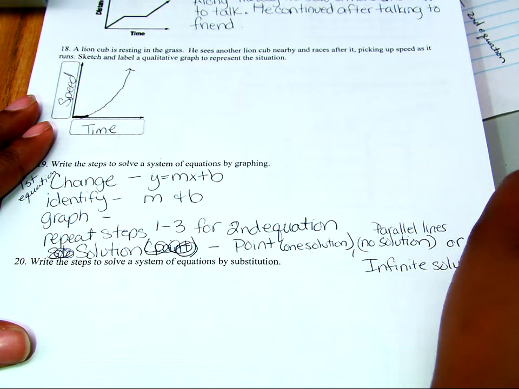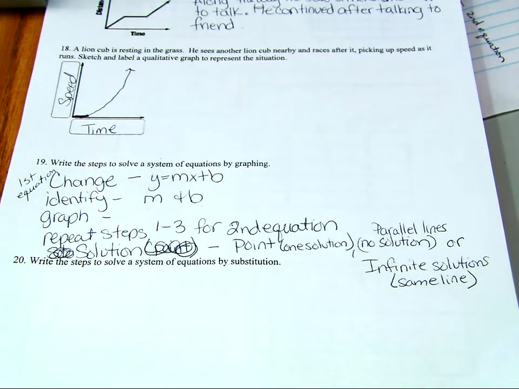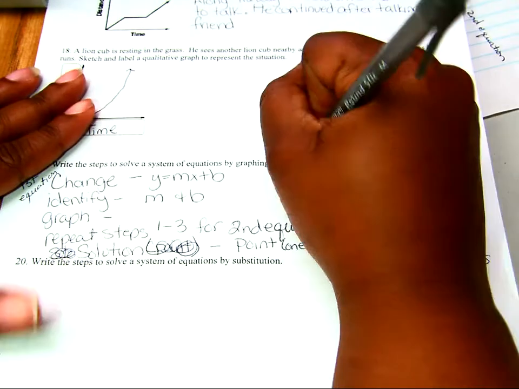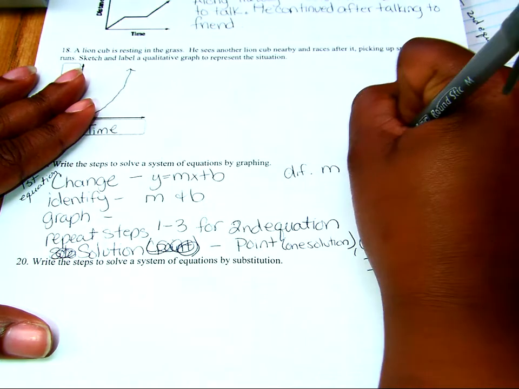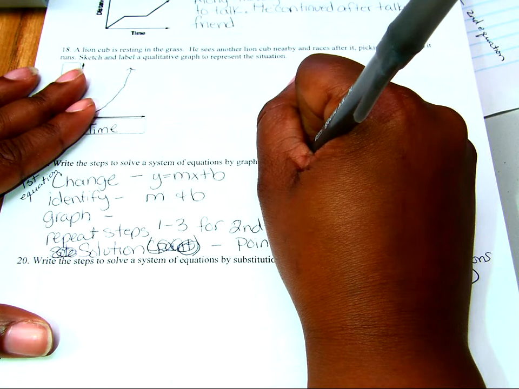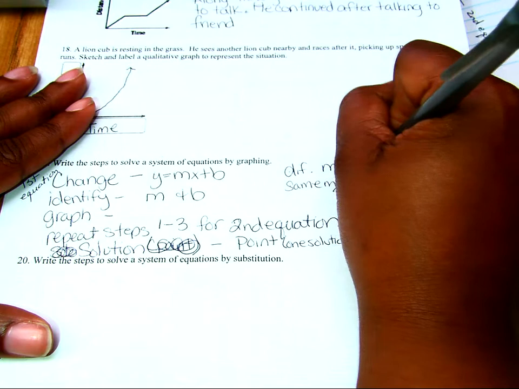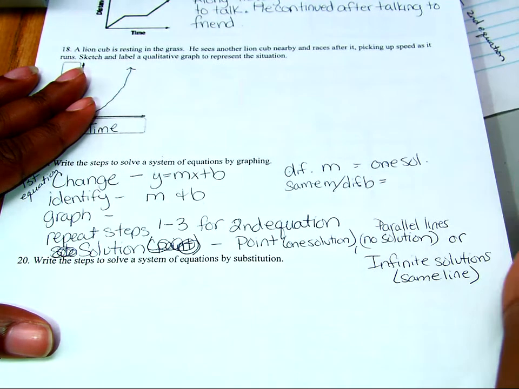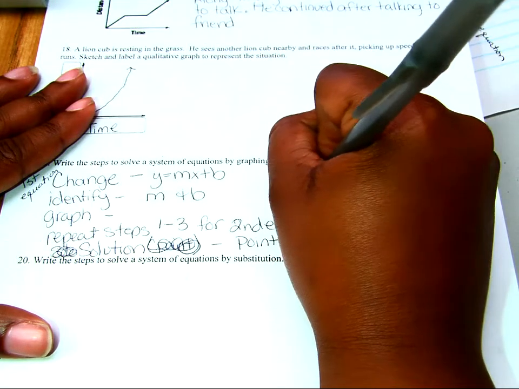Same line. Okay, and you can look in your notes about, they have different m values. I'll just write that real quick. Different m's, one solution. Same m, diff b, no solution. And same m and b, infinite.